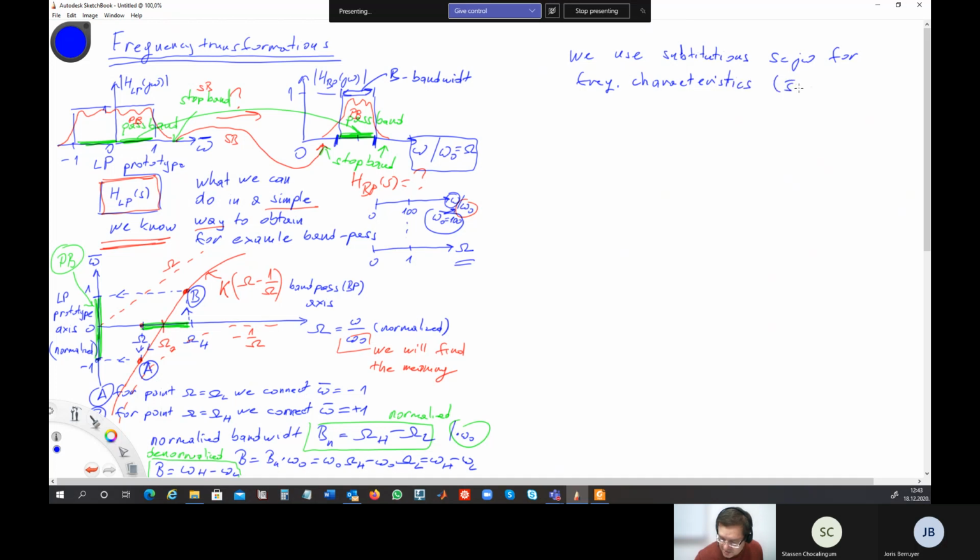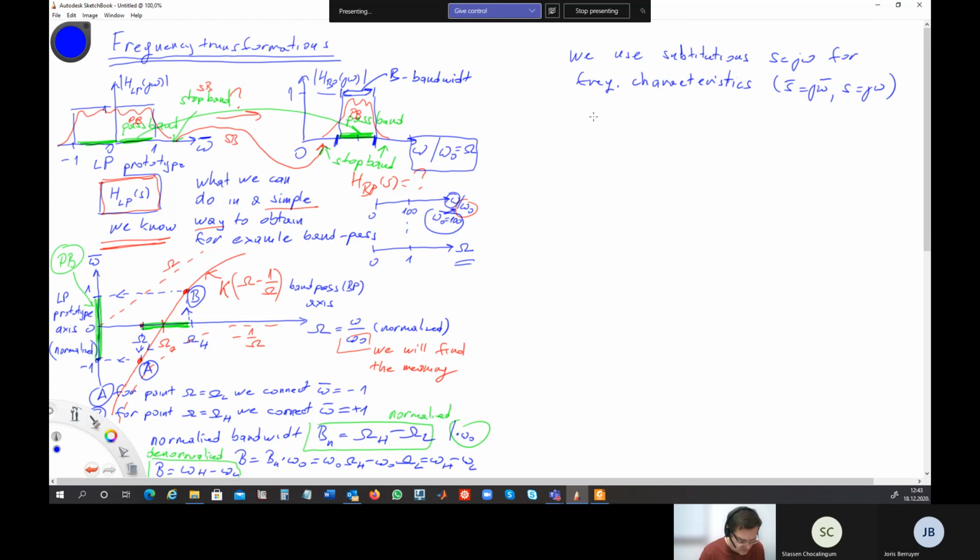Of course, we can also use S bar is J omega bar, S is J omega, and so on. And then we will write here our equation again.